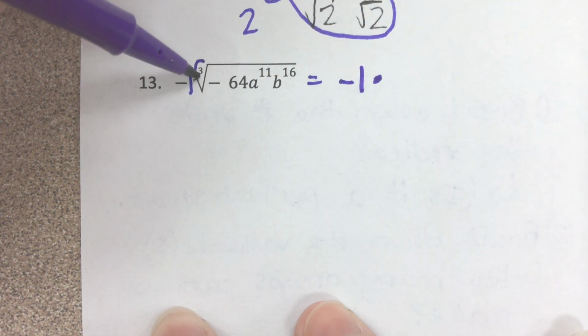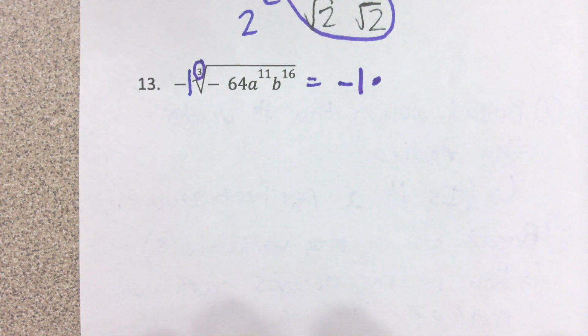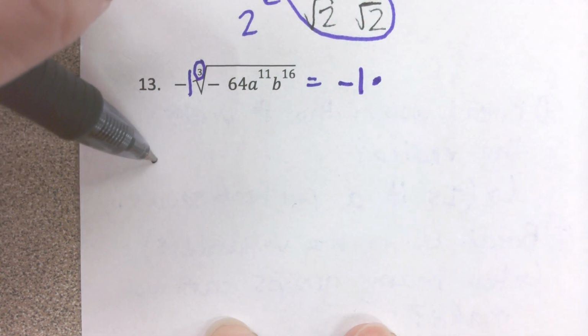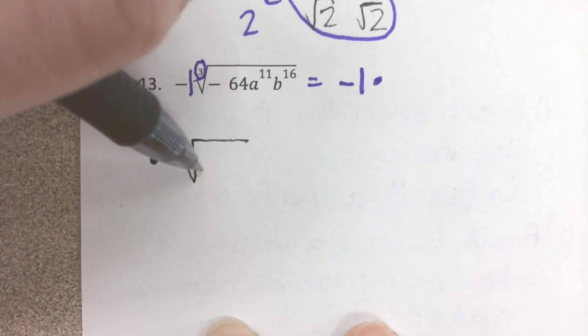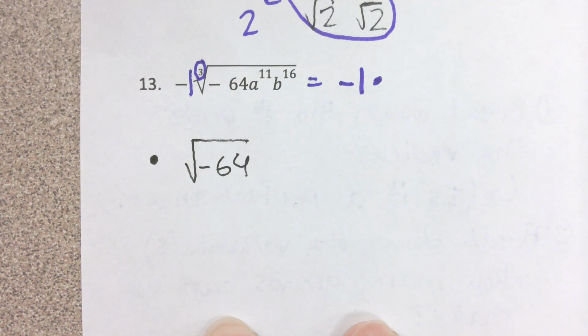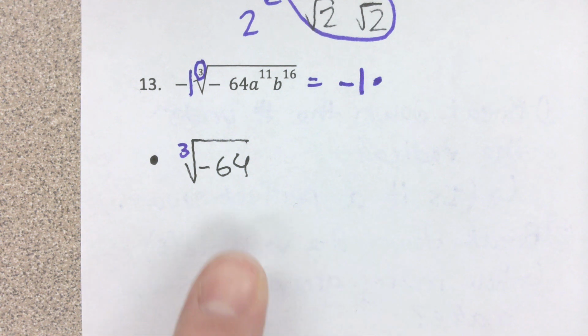Again, notice that we have a cube root here. Let's first break down the 64, negative 64. You may or may not remember, but negatives under a square root with a 2 are not allowed. They are allowed with cube roots.